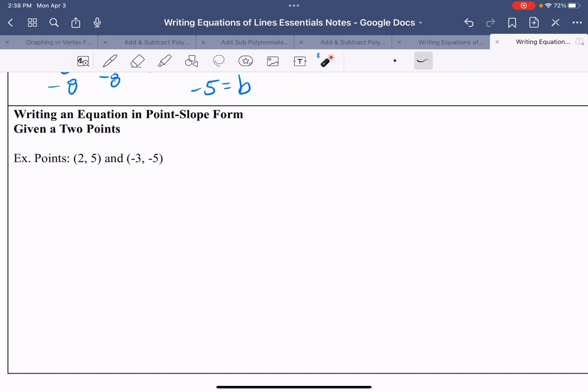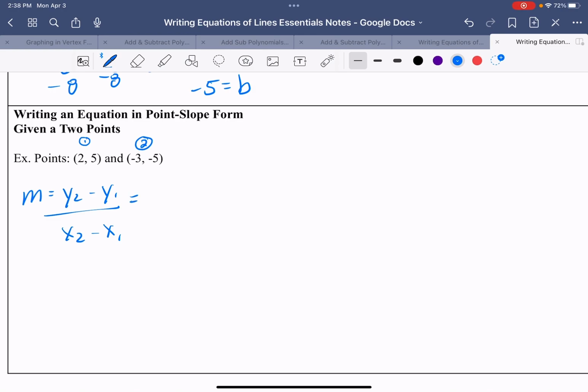And this is writing an equation in point-slope form given 2 different points. So for this one, we have to do a little bit more work, but it's not too much, all right? Because you still know m is equal to y2 minus y1 over x2 minus x1. Now, if you need to mark this as point 1 and this as point 2 to keep your x's and y's straight, please do.